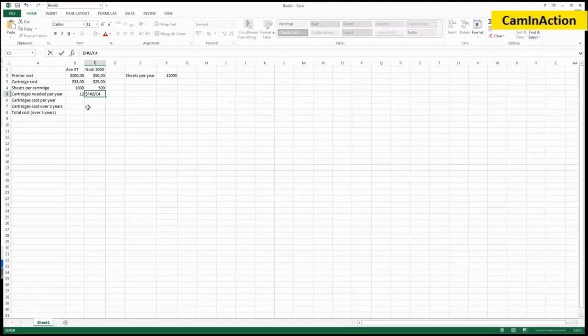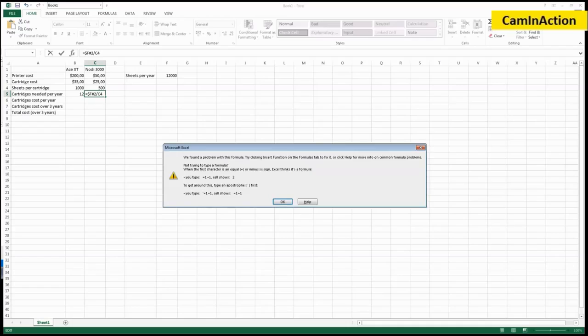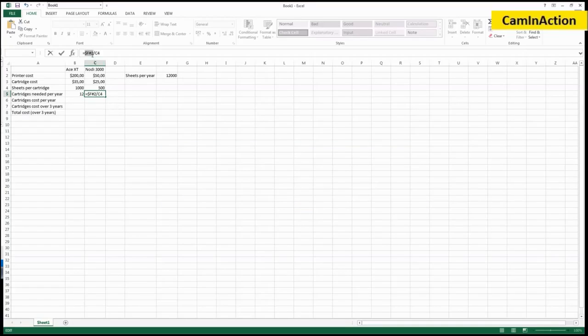Okay, as you can see, my mistake, I forgot to type the equal sign, and now it's a formula. Just press enter. Sorry, I used a different sign instead of the dollar. Okay, sorry for that, and just press enter.